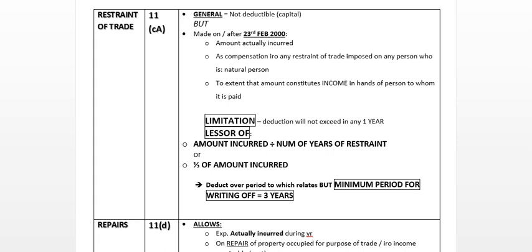The deduction will not exceed in any one year the lesser of the amount incurred divided by the number of years of restraint, or a third of the amount incurred. So deduct over the period which it relates to, but the minimum period for writing off is 3 years.